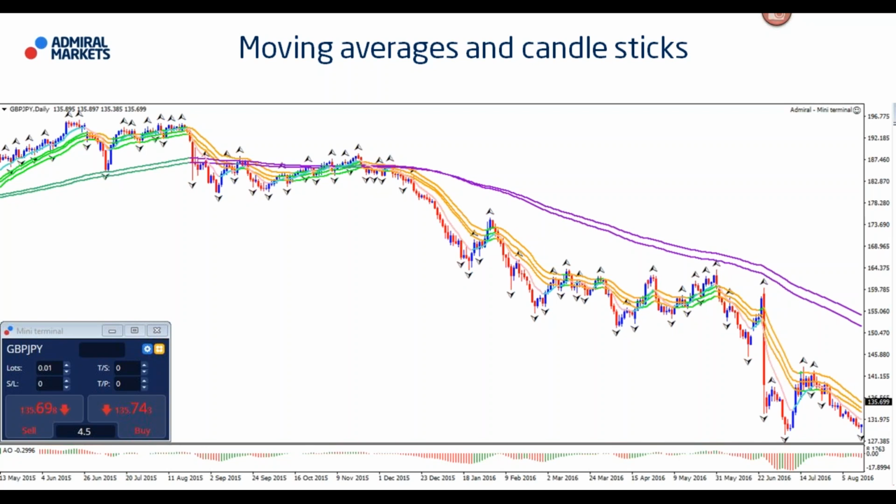And the cool thing about using moving averages is that you're trading the waves subconsciously without even having to know that you're trading the waves. And that's so cool about the moving averages because you do it automatically. So that might scare you, but don't. You don't even have to think about waves or wave analysis.